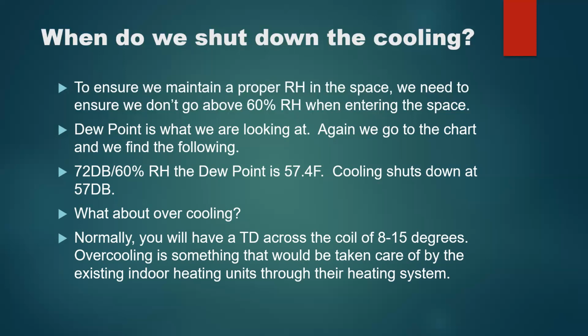Overcooling is something that would be taken care of by the existing indoor heating units. Normally your discharge is going to be around 35 to 36, but at 57 degrees, with the RCCD set at 50 degrees or so saturated, our discharge air is going to be somewhere between 58 and 65 degrees. In that case, all the indoor heating units will take care of it.